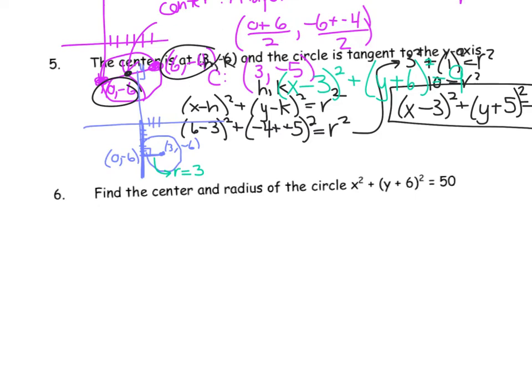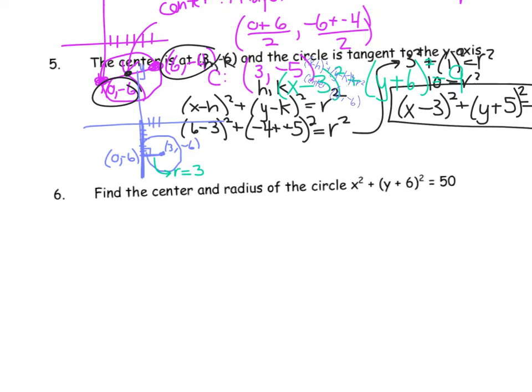So the equation of a circle is (x minus h) quantity squared plus (y minus k) squared equals r squared. So looking at that, the center is going to be h is with x. There's nothing there. It's 0. And k had to have been -6 for that to be a plus 6 squared.